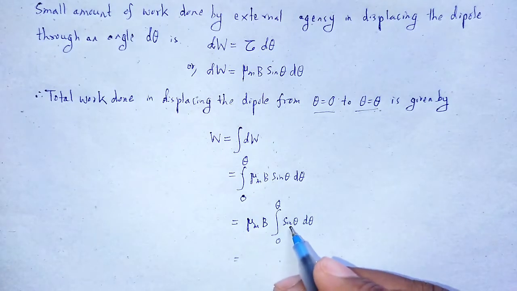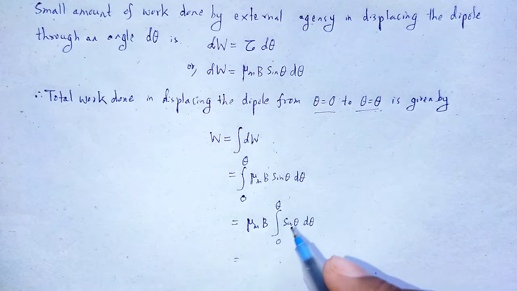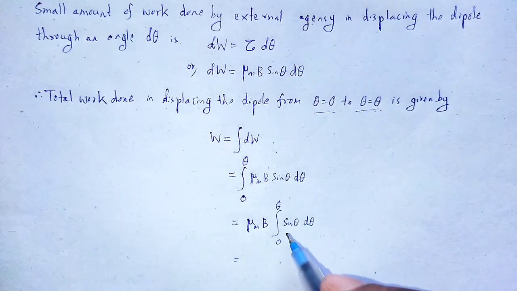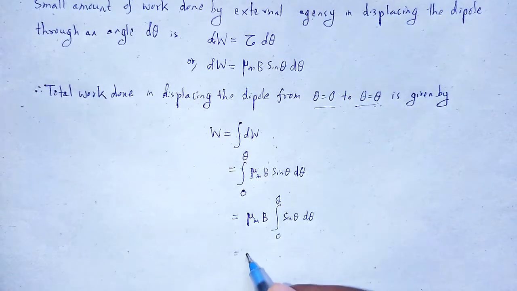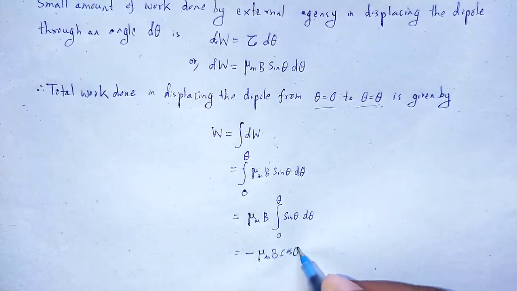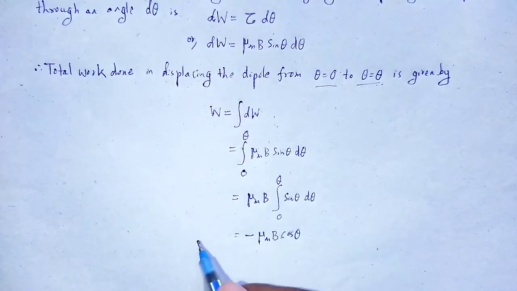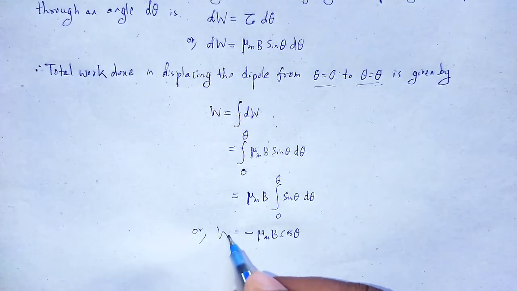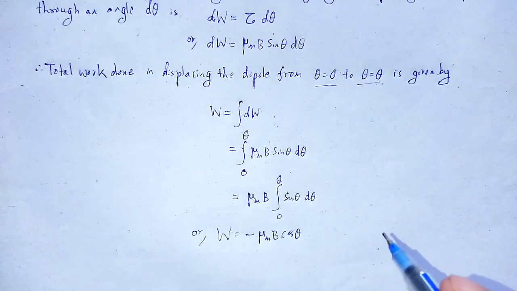The integration of sin theta is minus cos theta, and using the limits, minus mu m B cos theta. That is the total work done W.